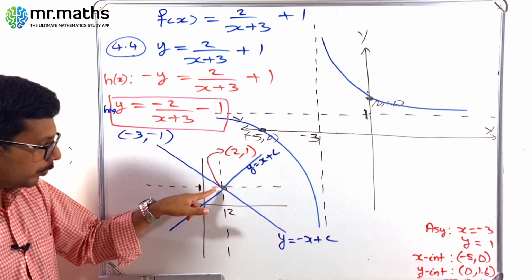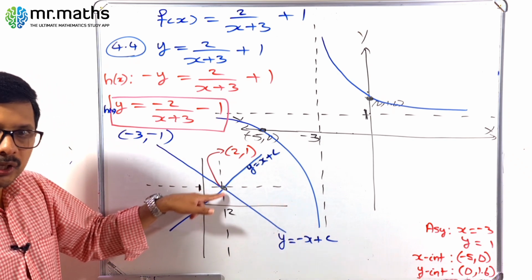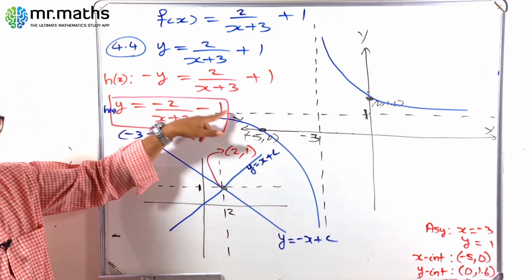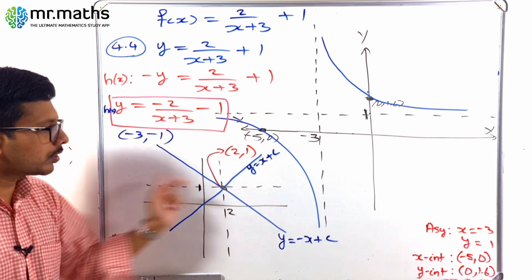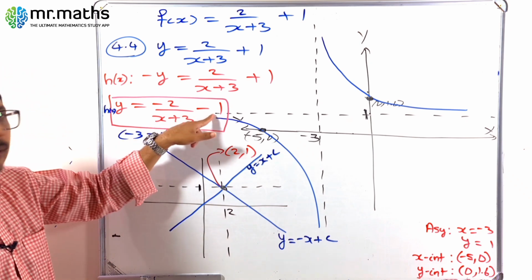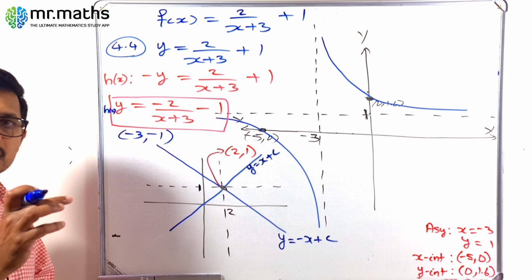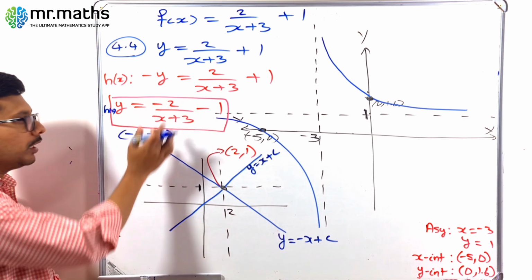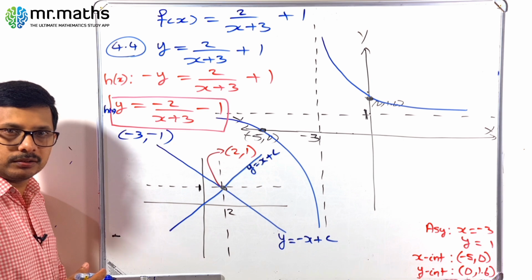In this example, this is the intersecting point. So in this h of x, what is the point of intersection of the asymptotes? Minus 3 comma minus 1. Okay, so it means that the line of symmetry of this h of x is passing through this minus 3 comma minus 1. Do you understand?